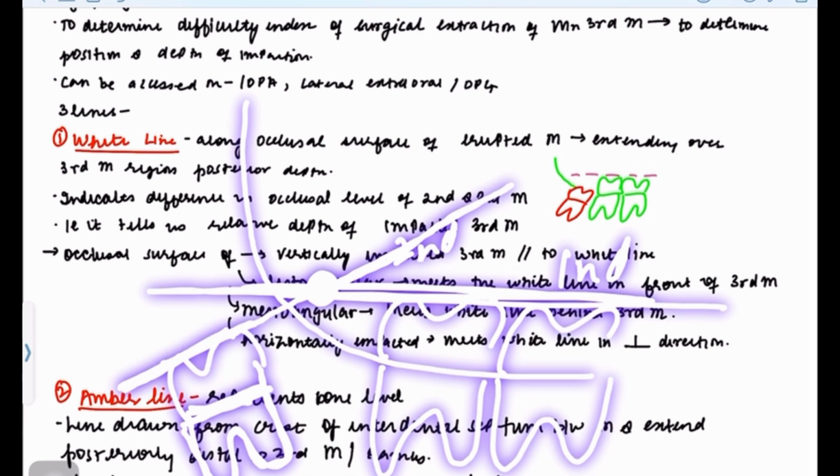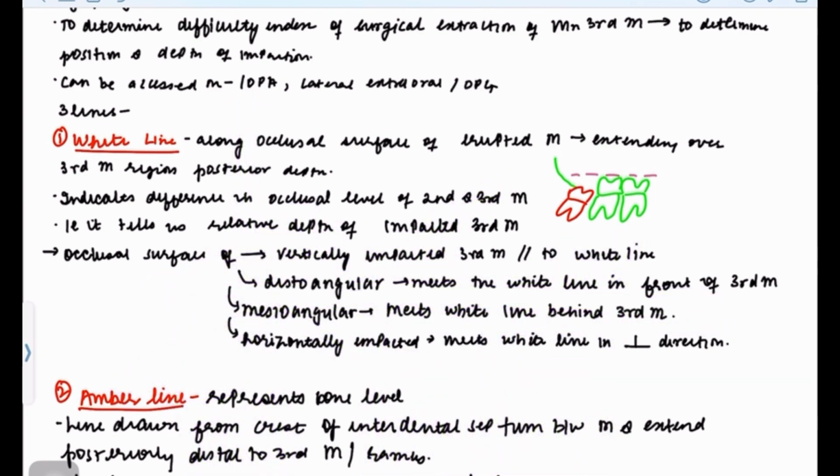So when the occlusal surface of this third molar and the occlusal plane of the erupted teeth meet, this point is in front of the third molar. It will be exactly opposite in mesoangular. Let's read it again. In distoangular, the occlusal surface meets the white line in front of the third molar, which we just saw.